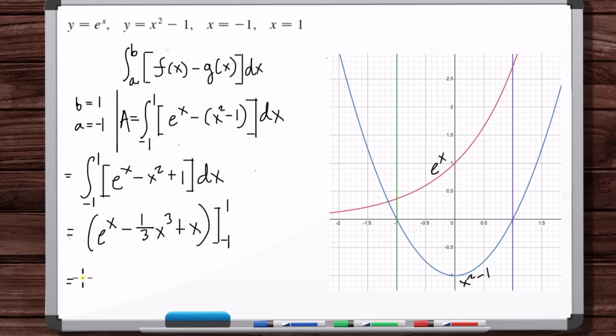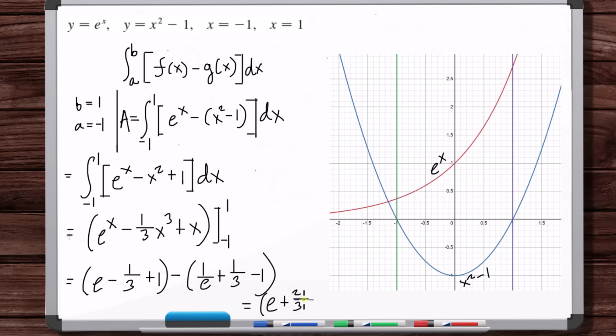Plugging in 1, we've got e minus 1/3 plus 1, then minus, plugging in -1, 1 over e plus 1/3 minus 1. So e minus 1/3 plus 1 is plus 2/3.